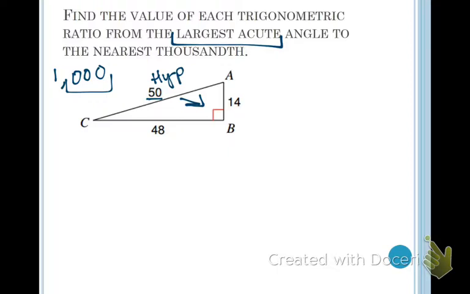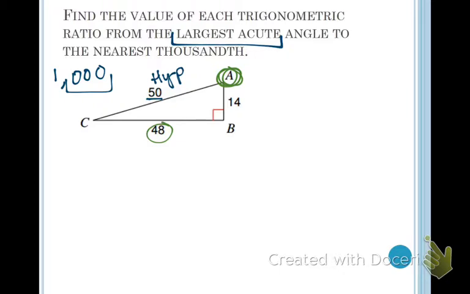We have the hypotenuse. We need to figure out which, A or C, is the largest acute angle. So which of the 2 legs is the longest side? 48. So what angle is across from 48? Angle A. So we're coming from the perspective of angle A.